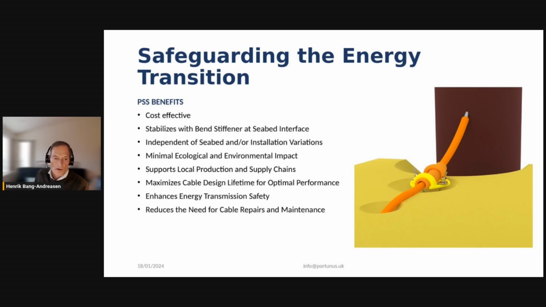So overall, it's a cost-effective solution. It stabilizes with a bend stiffener at the seabed interface. It's independent of the seabed and the installation interfaces. It has minimal ecological and environmental impacts.